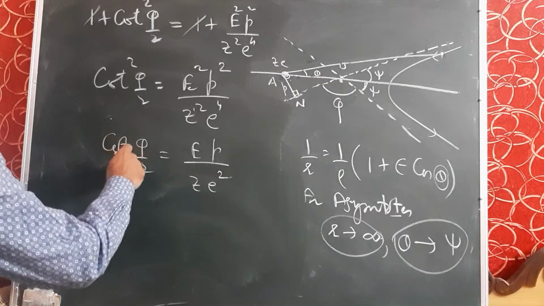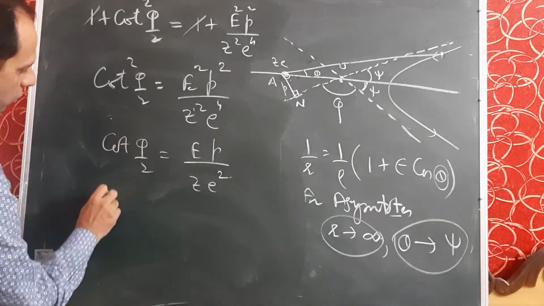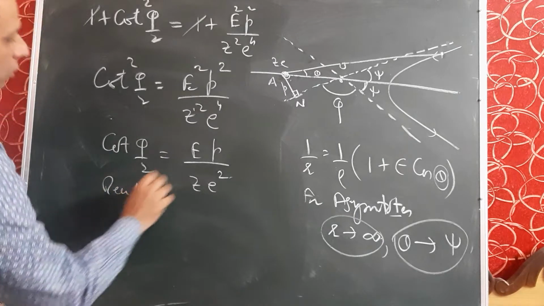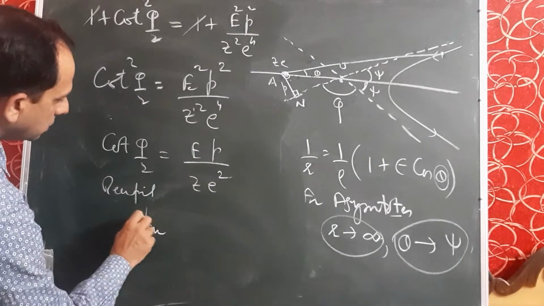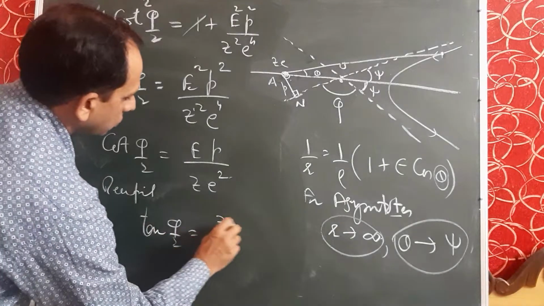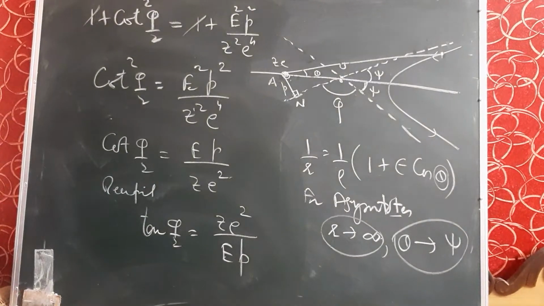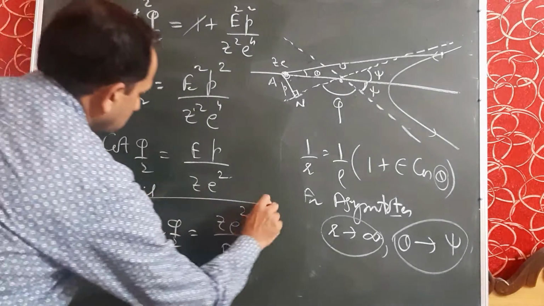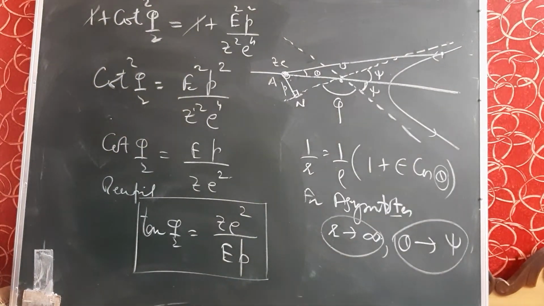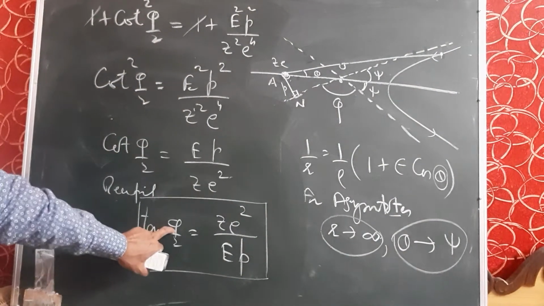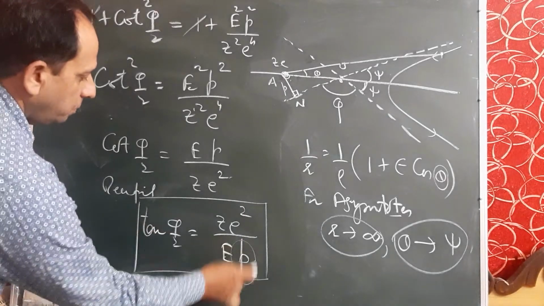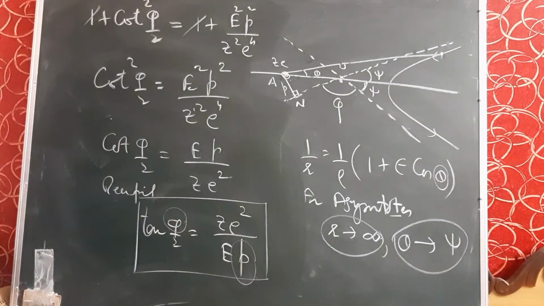So taking reciprocal on both sides, it will become tan phi by 2 is equal to Z e square upon E into P. So this is the relation for the angle of scattering. The angle of scattering means phi in terms of P. This is a formula which correlates the angle of scattering with the impact parameter P.